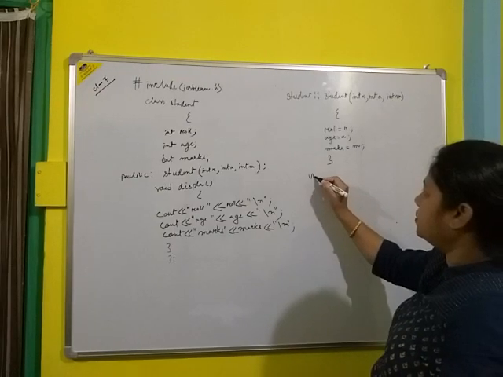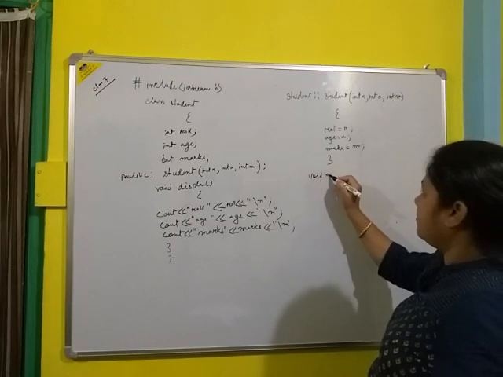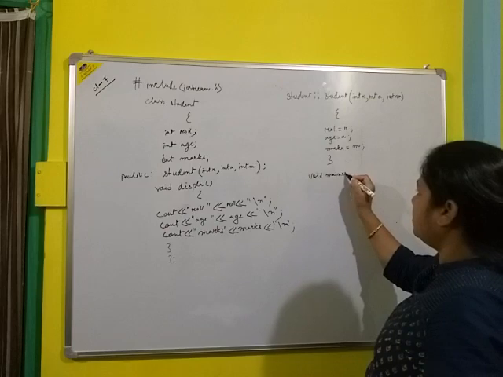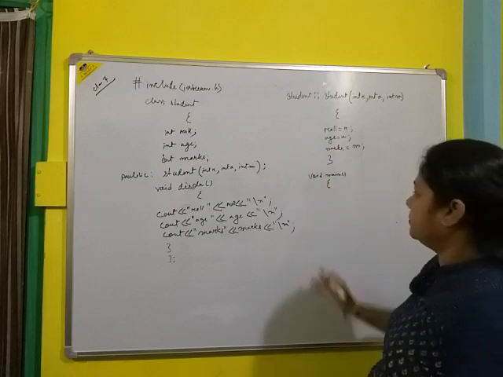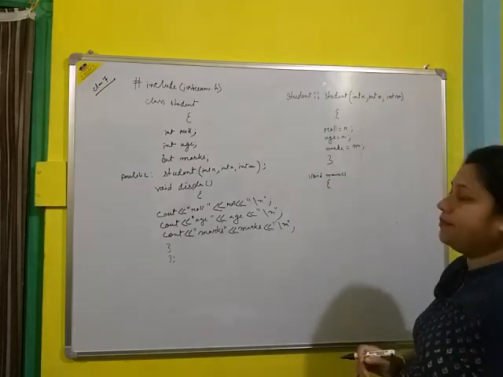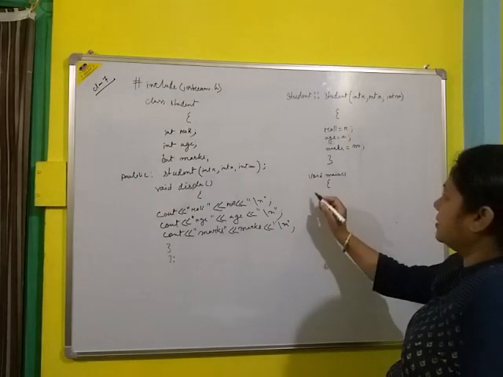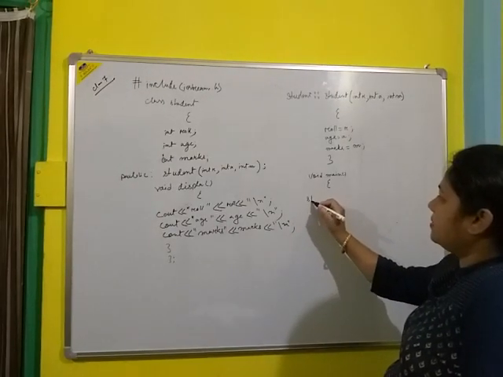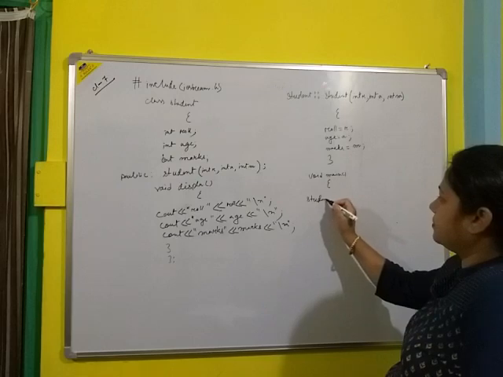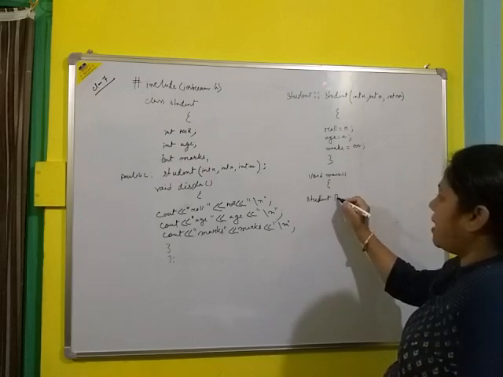Now I am going to declare the main function, void main, begin. Now here I am declaring one object, student, suppose Rahul.